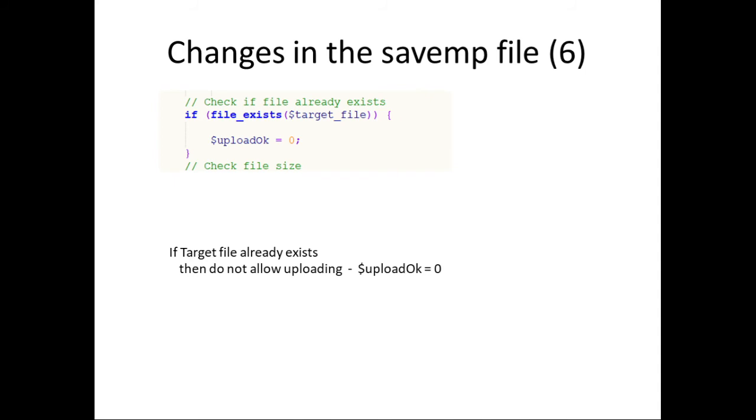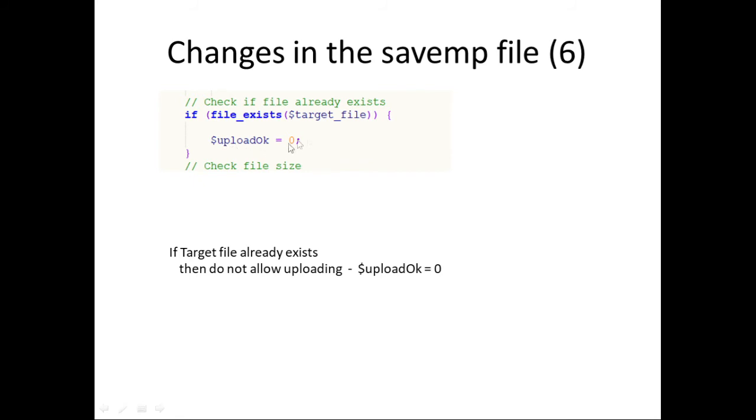Then in the next 3 lines here, we use the file exists function, and we have the target file to check if the target file is actually already existing. If it is already existing, then we just place here upload is not okay.